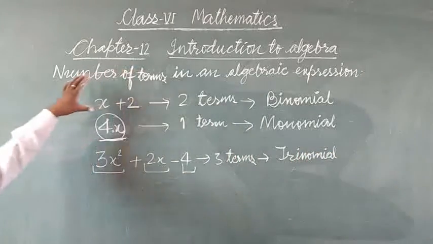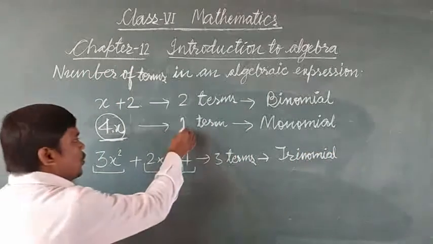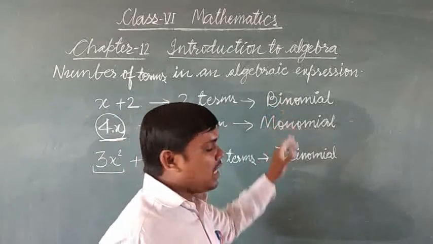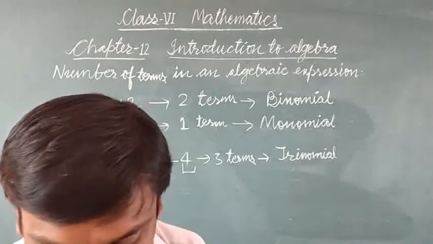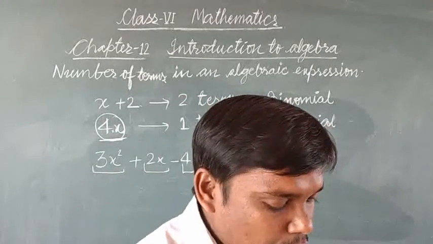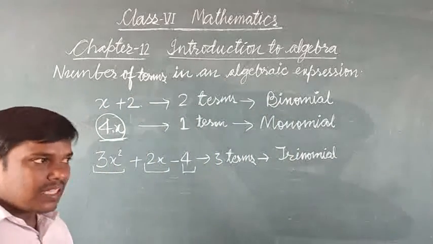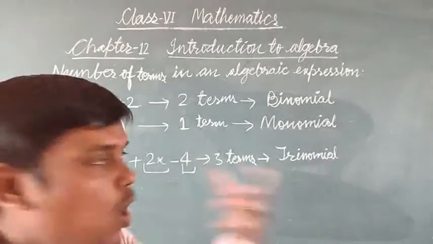Like this, depending on the number of terms, we can name the algebraic expression monomial, binomial, trinomial. If 4 terms are there, then we say quadrinomial, and thereafter we say directly polynomial.